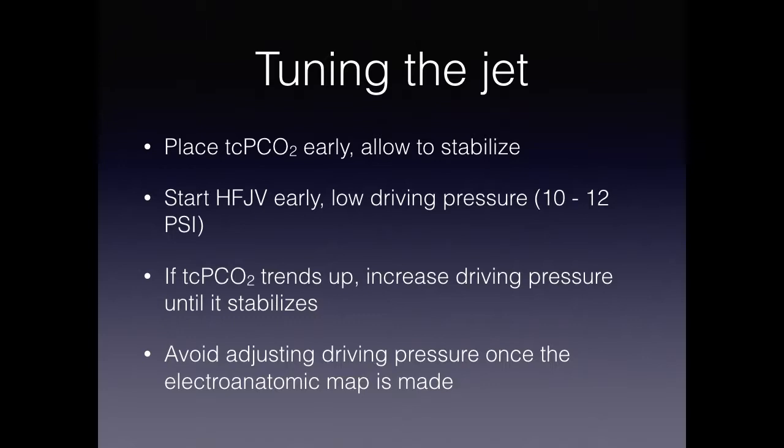Question: are you adjusting your jet ventilation to target a certain number, like 34, 35, 36? Once you get there, kind of, but mainly I'm just adjusting it so that the transcutaneous isn't going up from wherever it was, because I'll have ventilated the patient for a little bit before I turn the jet ventilator on.